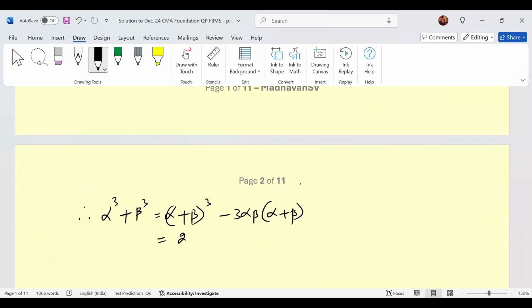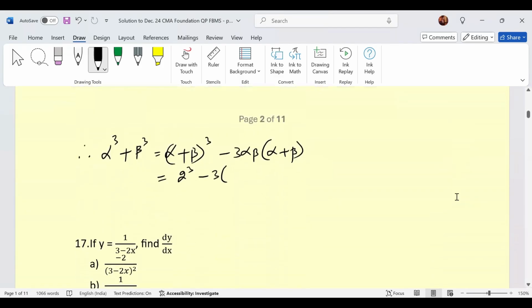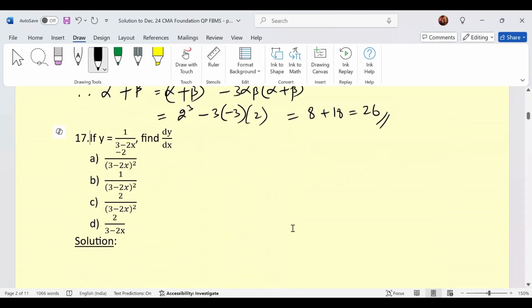So it is 2 cube minus 3 times alpha into beta. Alpha into beta is negative 3. Alpha plus beta is 2. So we get 8 plus 3 into 3, 9. 9 into 2, 18. So you get 26. The value of alpha cube plus beta cube is 26. That is the solution. Let us move on to the next one.